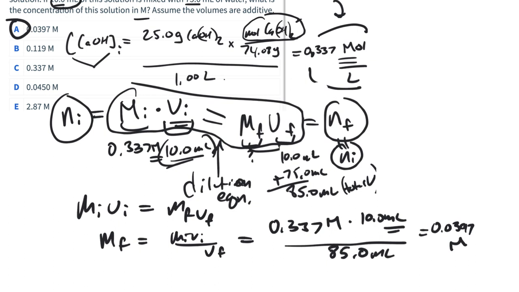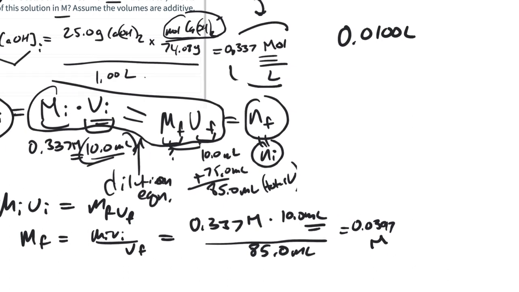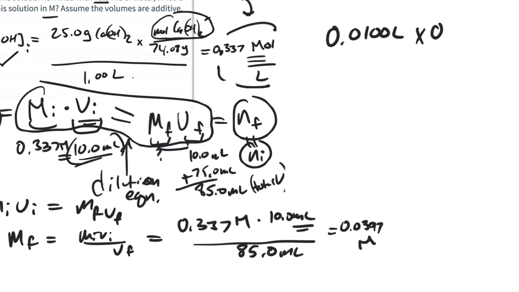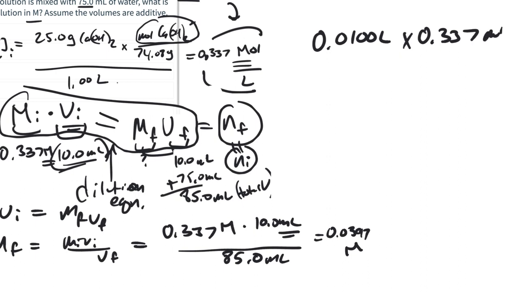We could have just said, well, I could take the 10 milliliters, convert it to liters, and multiply this by the moles per liter. So another approach would have been to calculate the moles of calcium hydroxide in that 10 ml solution.